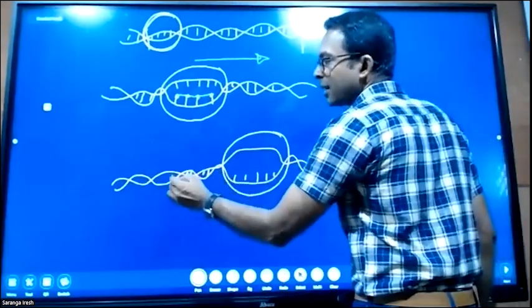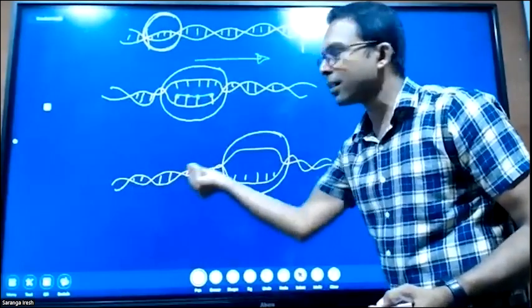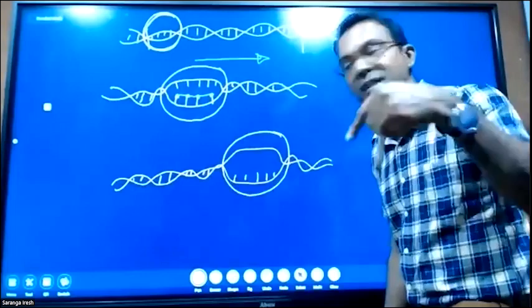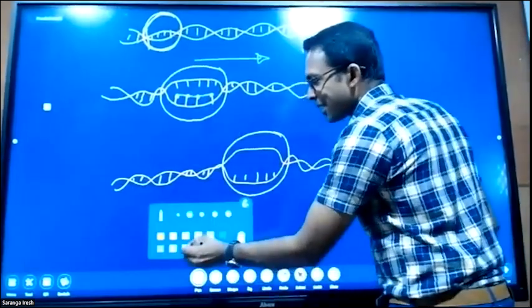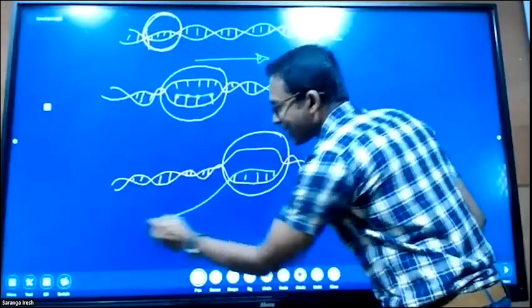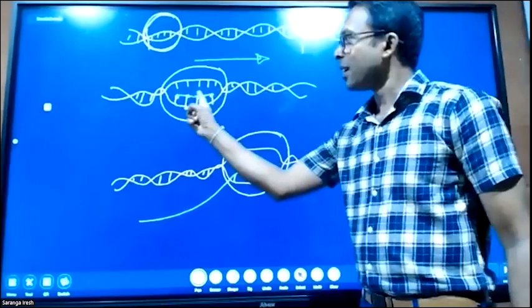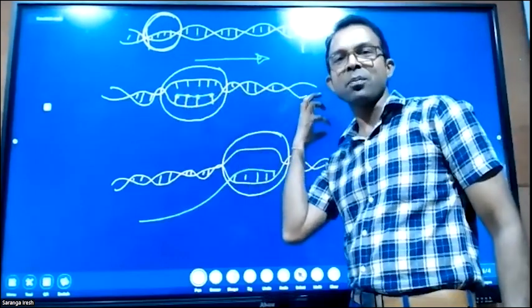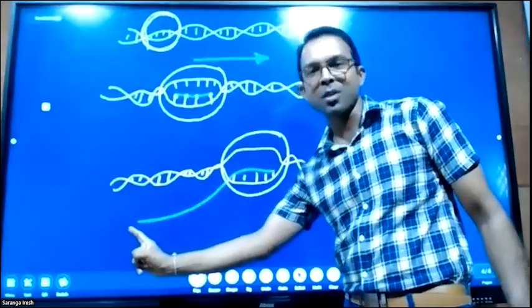Then in the area it has passed, the complementary bases are paired again and the DNA is rewound. What happened to that early synthesized fragment? It's coming out. As the RNA polymerase is moving along the DNA molecule, the synthesized mRNA is coming out from the molecule.